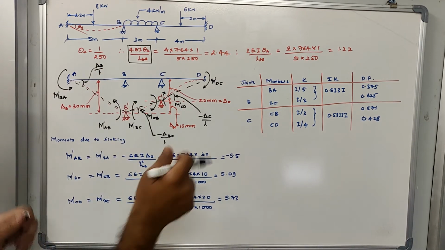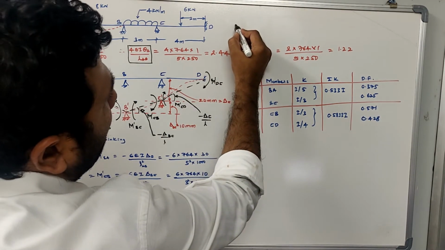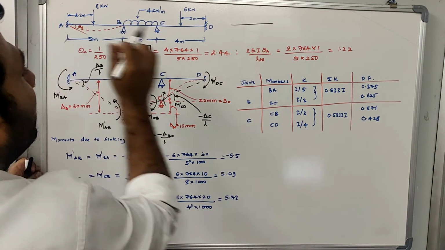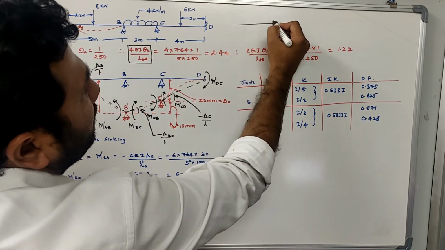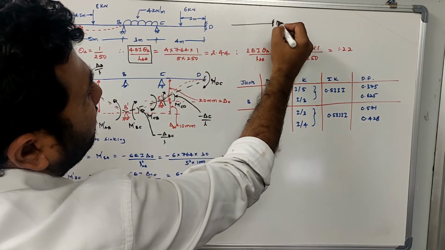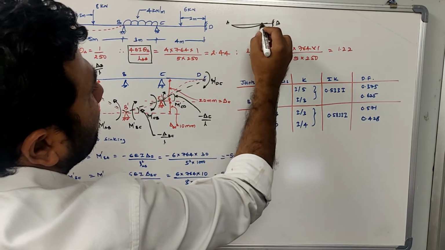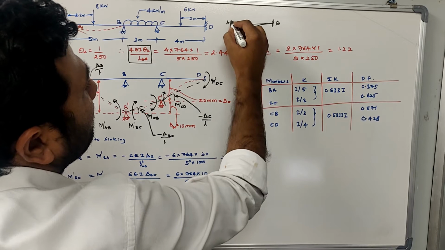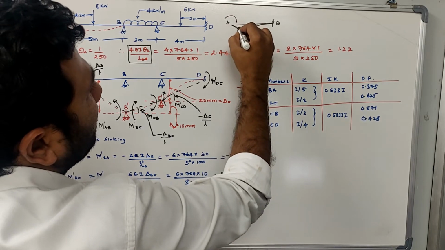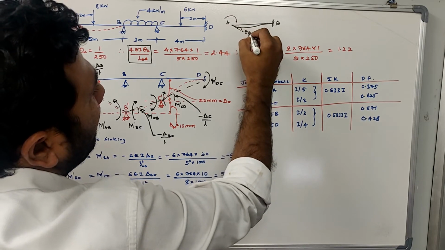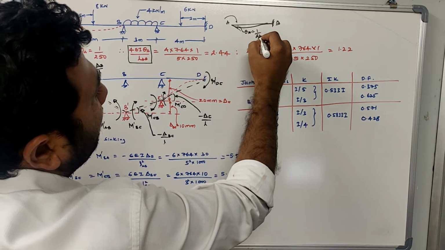So I am drawing another figure considering only element AB. Here this is the far end, which is B, and this is the near end A, and it will rotate like this. The rotation here is equal to theta A, which is given as 1 by 250.